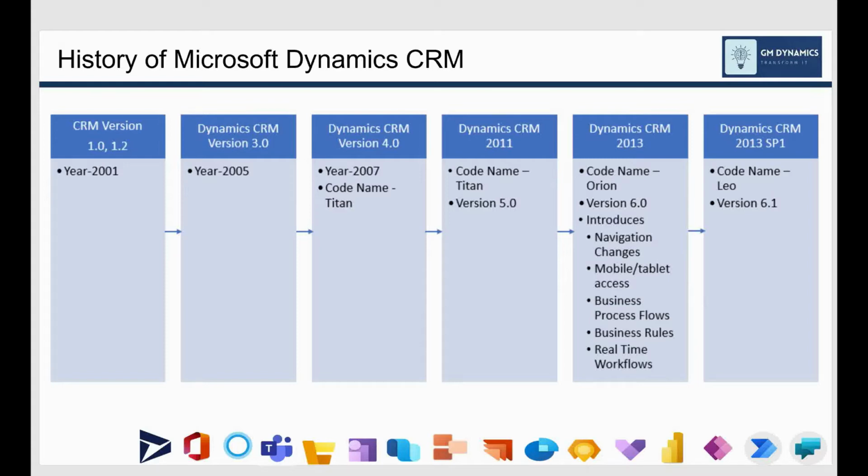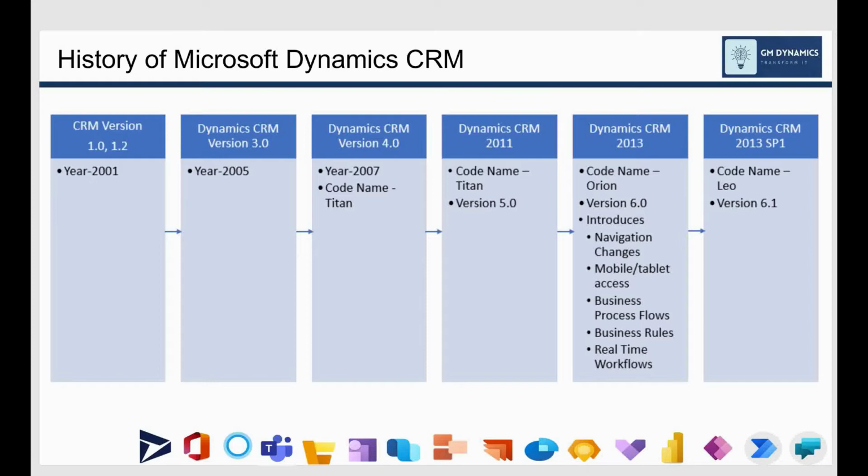They introduced navigation changes, because as I mentioned earlier, it was left navigation and all these things. Then mobile and tablet access, business process flows, business rules, and real-time workflows were all introduced in Dynamics CRM 2013.